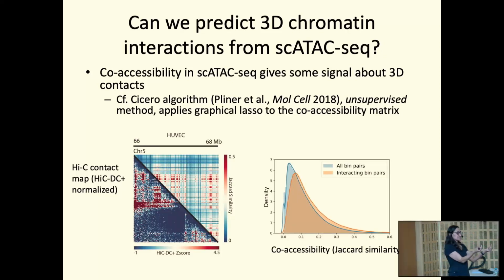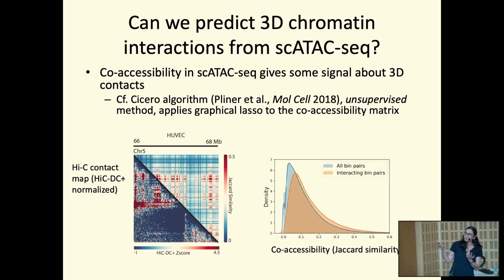And the reasoning is, maybe you see these peaks in single cells or metacells you have to kind of aggregate. And if they open and close together, if they're correlated in their accessibility, they're more likely to interact. And you can get a prediction of a 3D contact for free. Okay? And this is just an unsupervised, it's like a graph lasso approach.